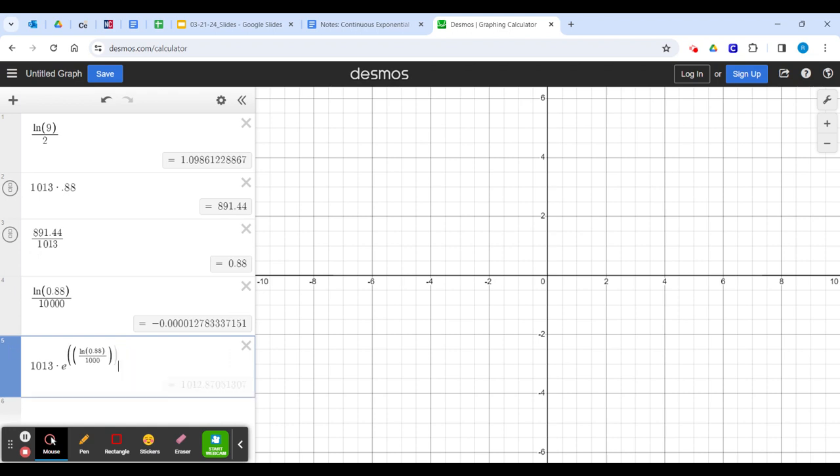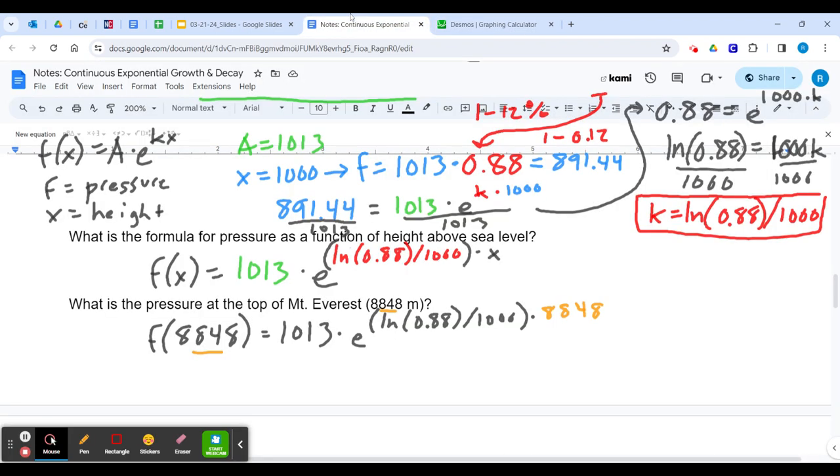We're multiplying by 8848, and it looks like our pressure becomes 326.9 at that spot. I go back to our units to see what it was in the original problem, and it looks like it's hPa as our unit measure, so hPa.